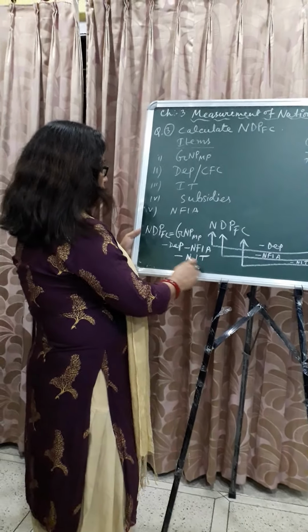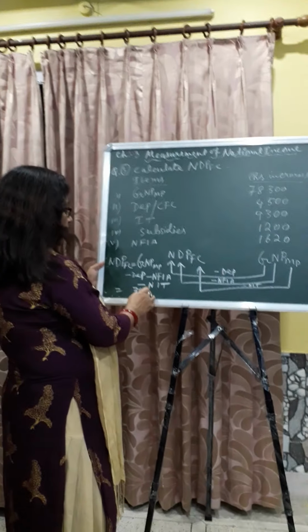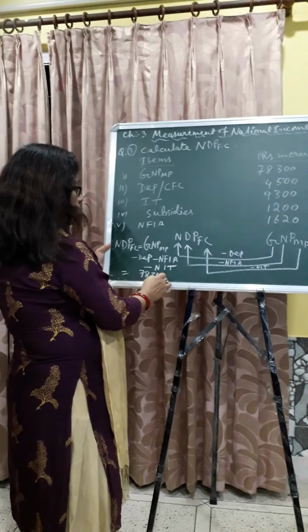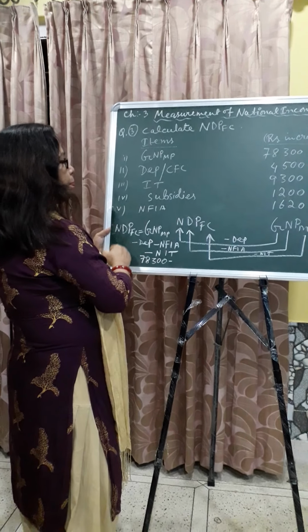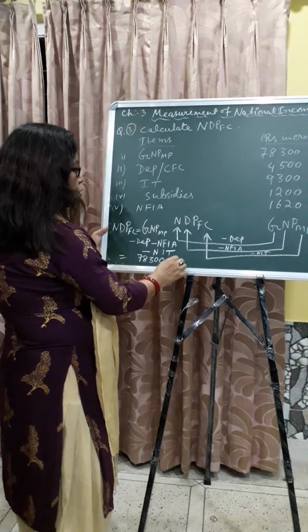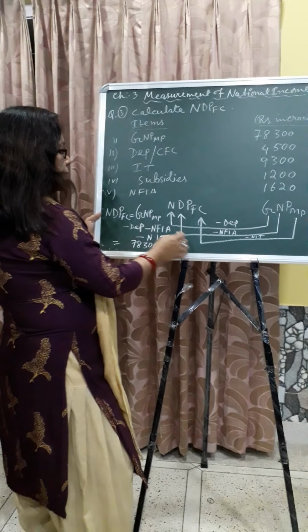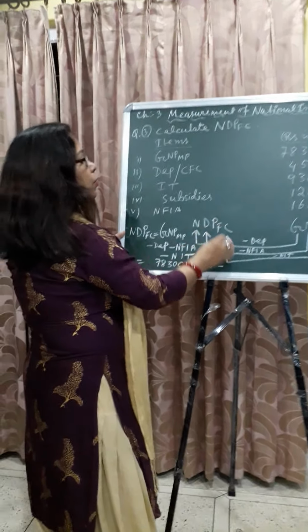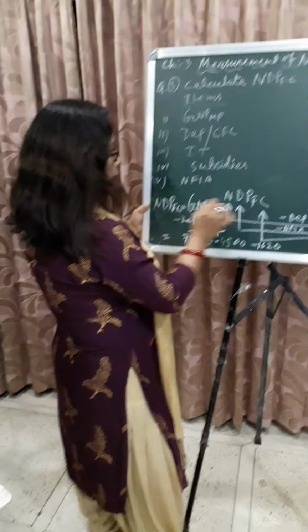Understood? So you write the values. GNPMP value 78,300, minus depreciation 4,500, minus NFIA 1620, next minus NIT.